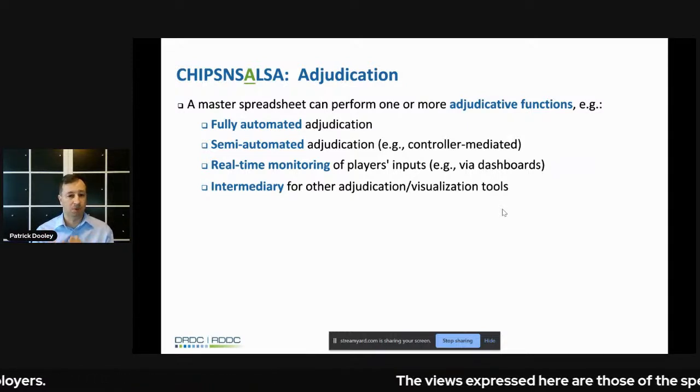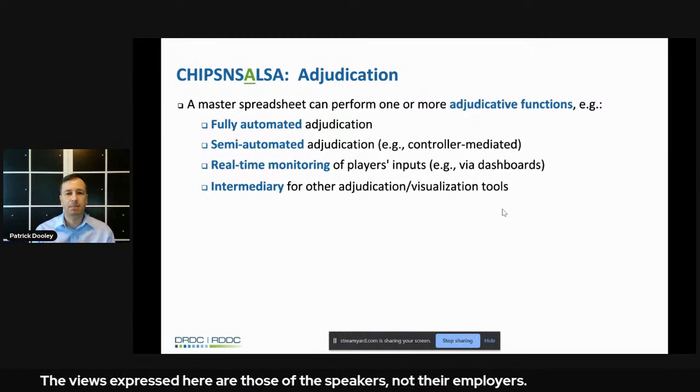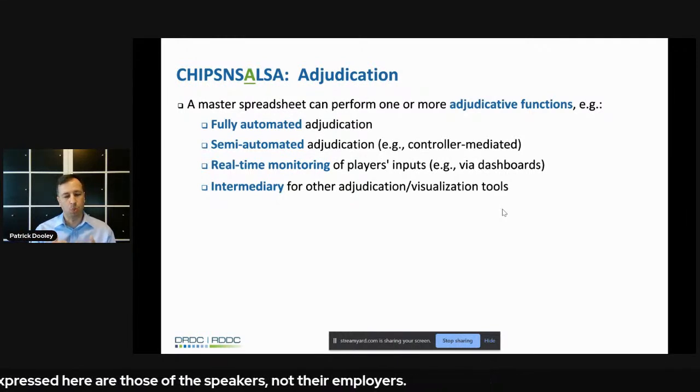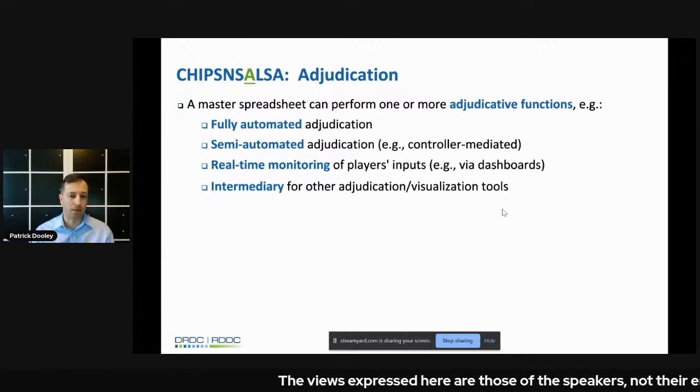So adjudication. As I said, the reason that you want to use a spreadsheet is it can calculate really fast. And that adjudication can be fully automated, where as data comes in or inputs come in, the adjudication just happens, or it can be semi-automated, where a controller is waiting for a certain condition to happen, maybe a sanity check, maybe for all players to provide something before they start the adjudication process by pushing a button or something.